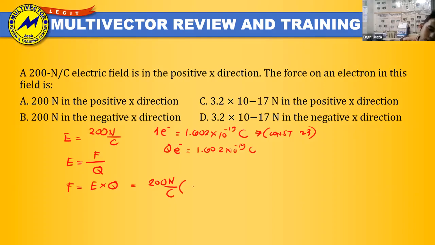So cancel yung coulomb. Kaya yung matitirang unit is a unit of force, which is approximately 200 times 1.602, so 3.2 times 10 raised to negative 19 Newton.